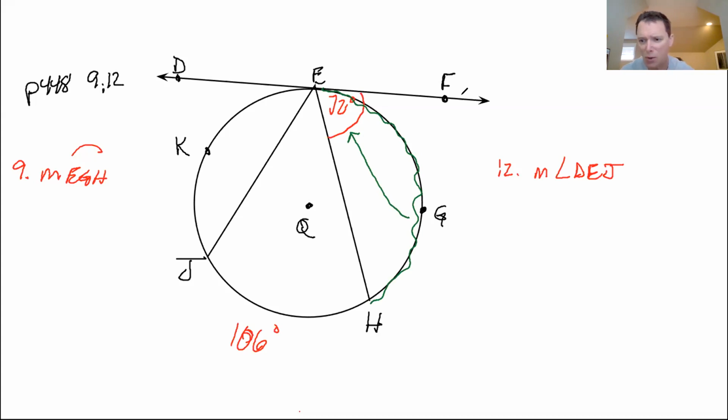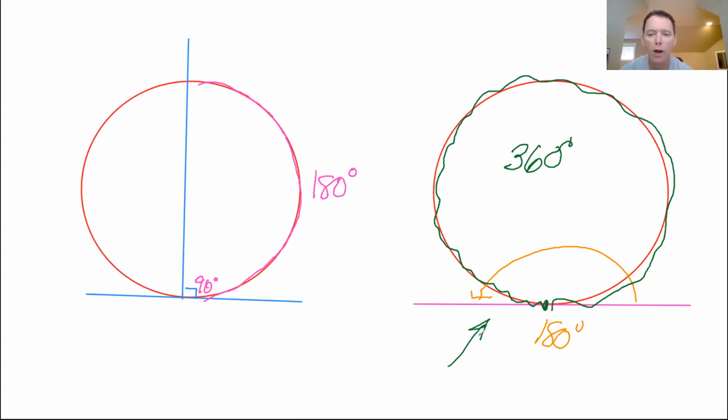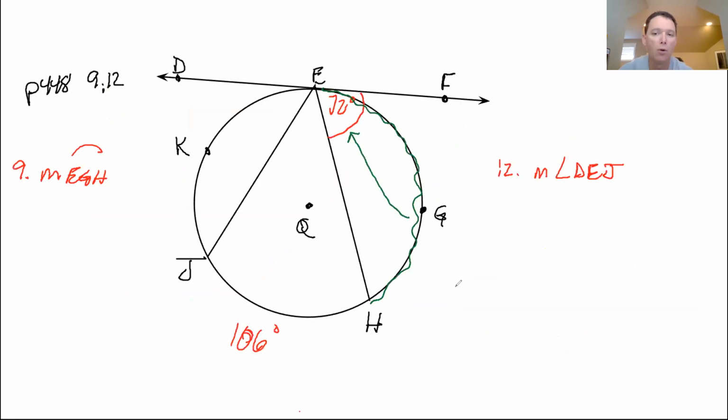This goes back to this drawing over here, where you can have a line that goes outside the circle and still create an angle. So this is actually pretty easy, because we know the inscribed angle is half the arc. This is just going to have to be twice 72. It's 144 degrees. So this is 144.